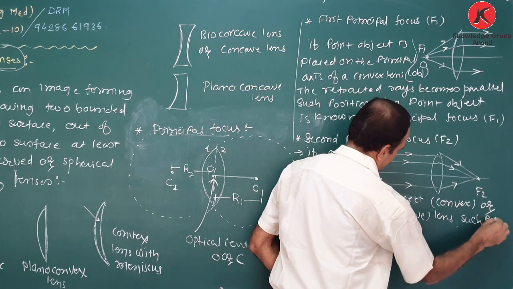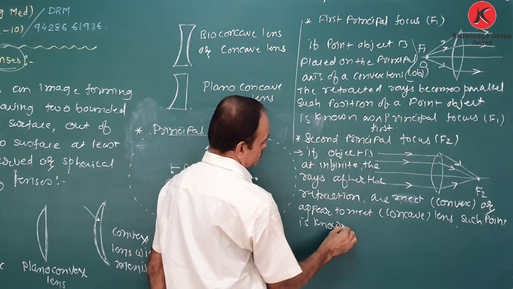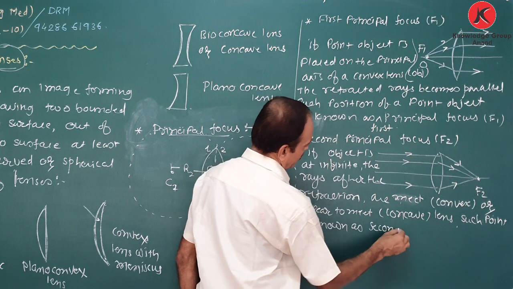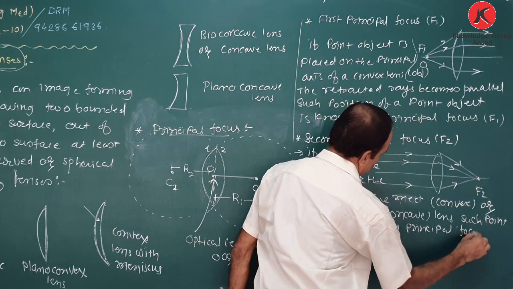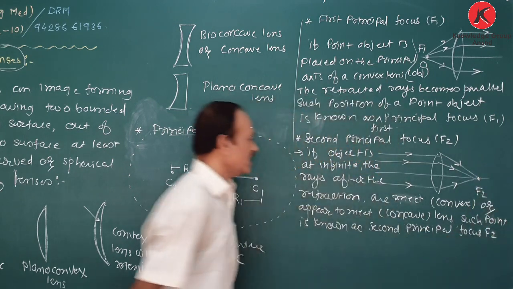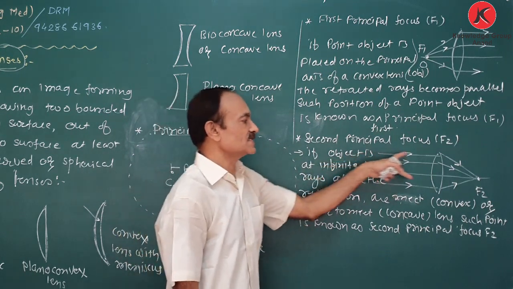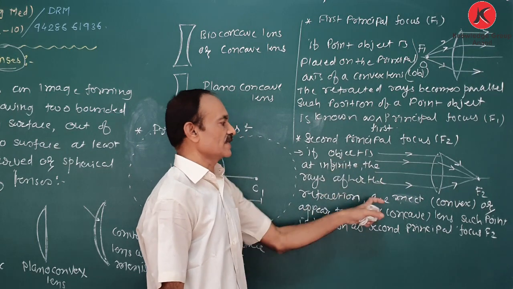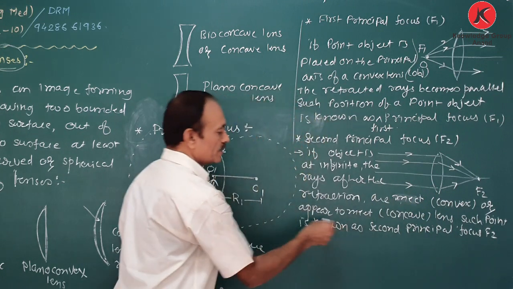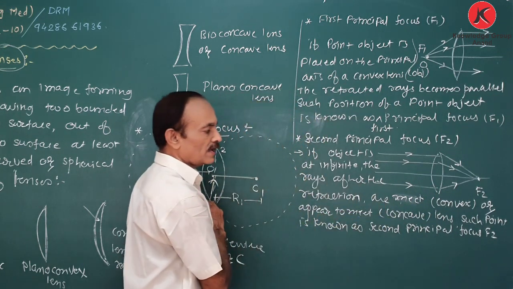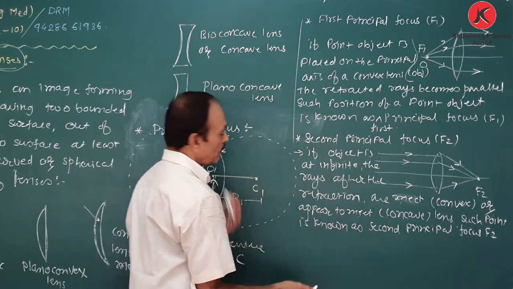Such a point is known as the second principal focus. That is F. Again, if the object is at infinity, the rays coming from it are parallel. After the refraction they meet in the case of a convex lens, or appear to meet in the case of a concave lens. Such a point is known as the second principal focus.